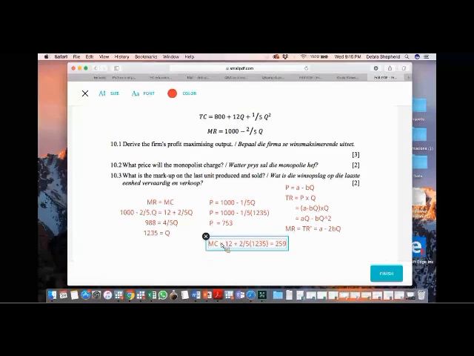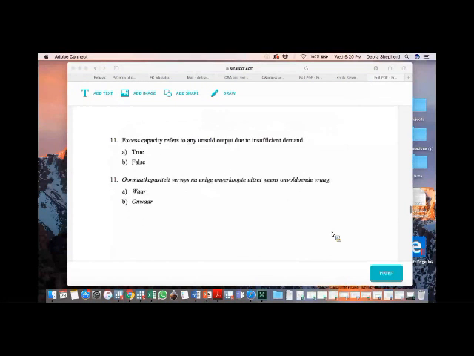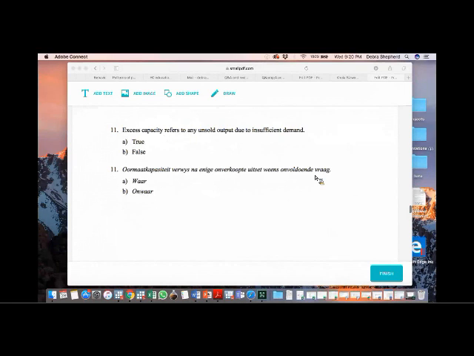I might have divided by 5 and not times by 2. Yeah, times 2 plus 12. So this is 506. MC is 506 at a quantity of 1235. That means the markup is going to be 753 minus 506, so it's going to be 247.